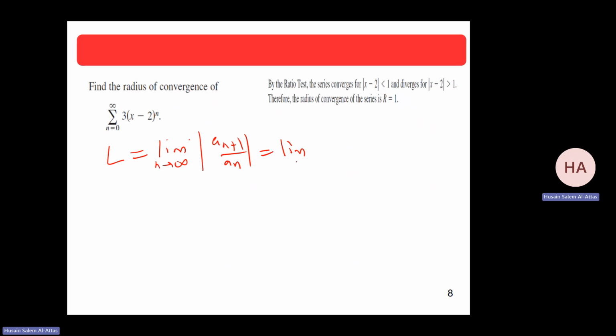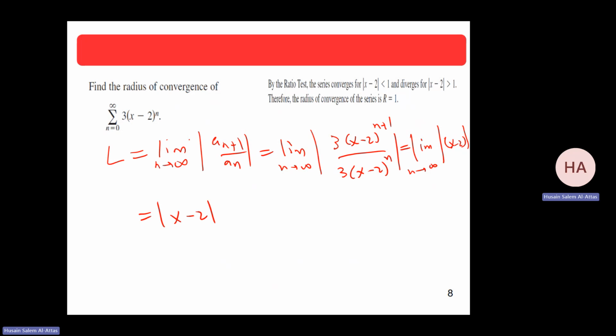That will be the limit as n goes to infinity of (3x minus 2)^(n+1) over (3x minus 2)^n. That gives me what? The 3 cancelled. I have the limit as n goes to infinity of the absolute value of x minus 2. There is no n here.